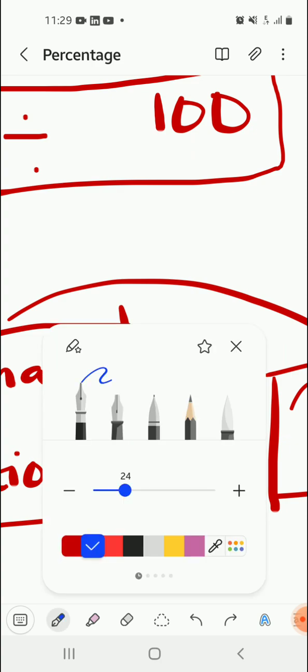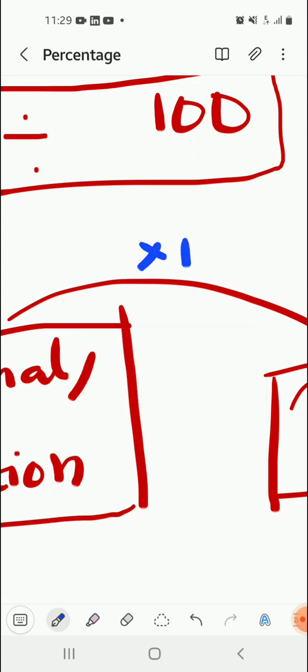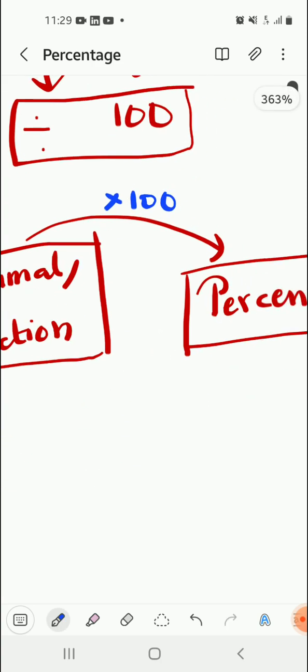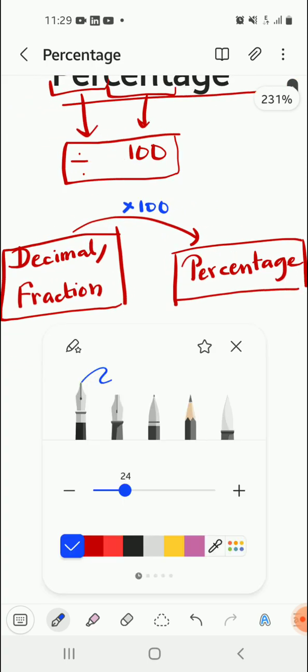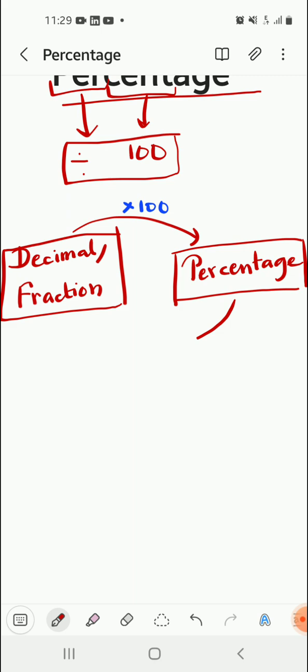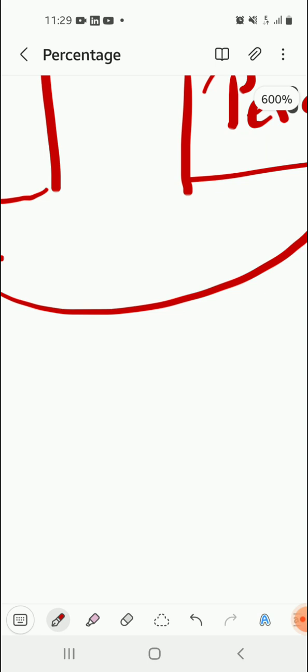So whatever is given in fraction form or decimal form, we will multiply it by 100 in order to convert it into percentage. And in case we are asked to convert a percentage into decimal or fraction, then we have to do the opposite, that is divide by 100.